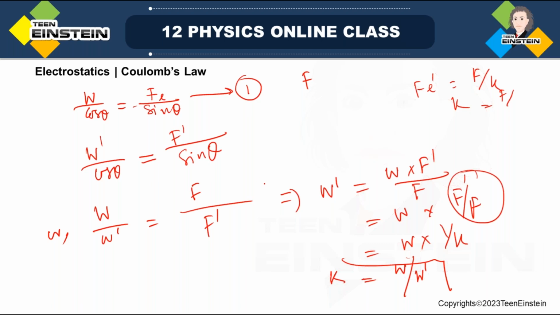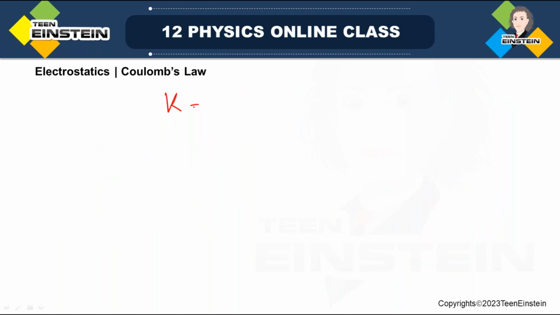So W by W prime, we have a few more steps to go for the answer. So what we have got? We have got the dielectric constant is the W by W prime. What is this W? W is the water content in the volume, okay, into g. So rho Vg. What is this?